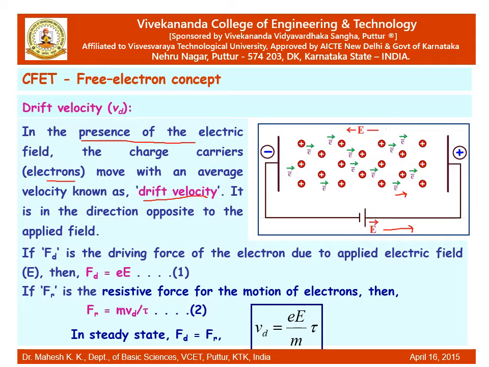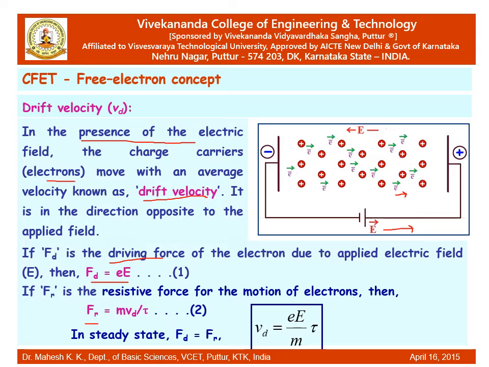Now by mechanics, if you take the driving force Fd, then with the help of the electric field, we can define that Fd, or driving force, as e into E. Small e is the charge of the electron, and capital E is the applied electric field. In terms of the resistive force of electrons, Fr is equal to m into Vd, that is the drift velocity, by tau.